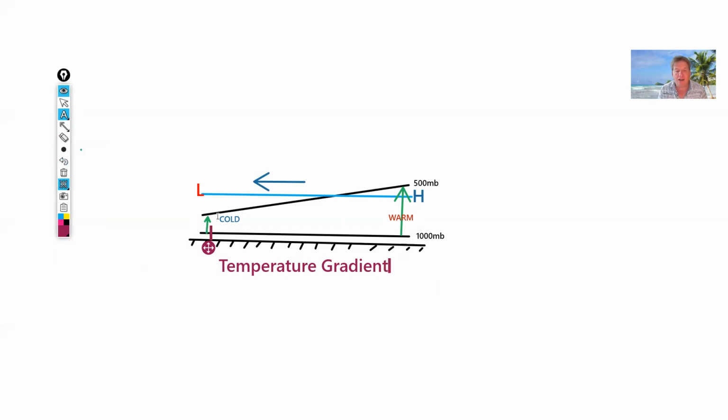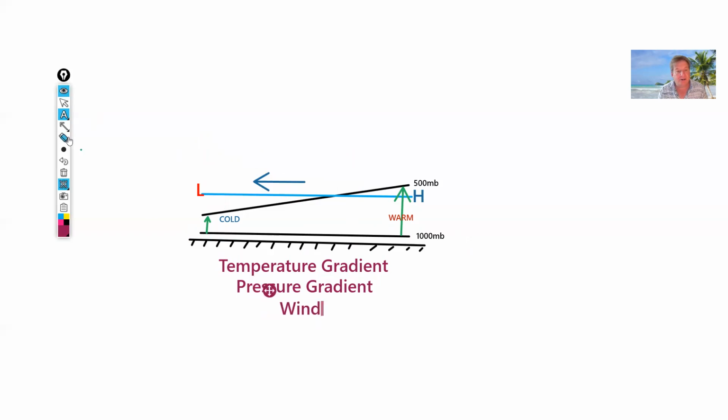Well, what that causes is the isobaric surface to slope, and therefore horizontally there's also a pressure gradient. So the temperature gradient results in a pressure gradient, and when there's a difference in pressure, what does that result in? That results in wind.